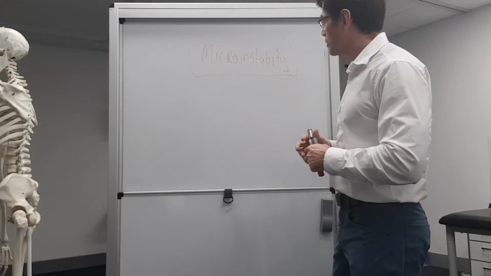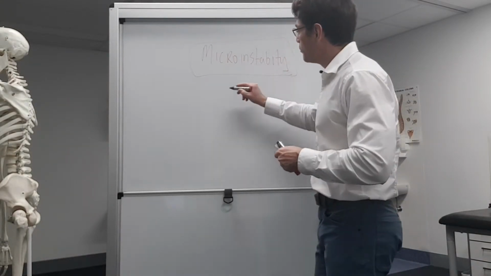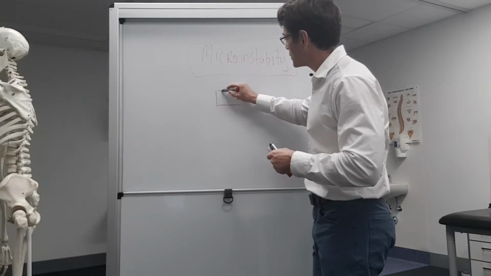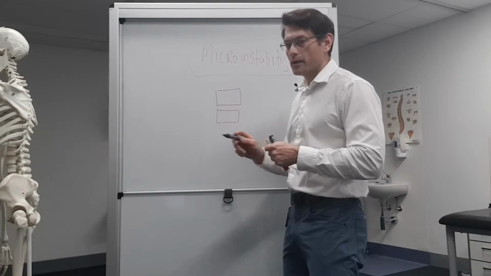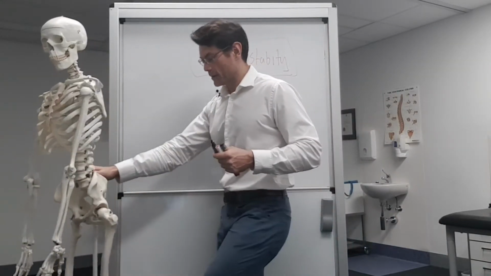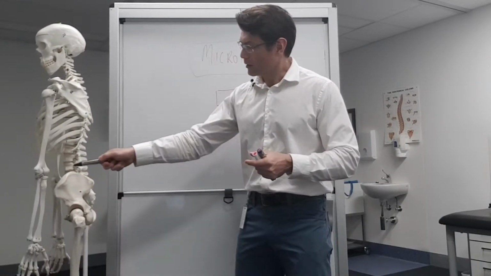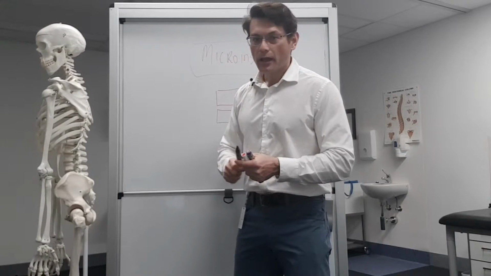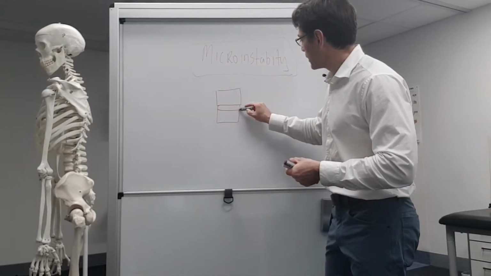So when I'm talking about micro-instability, we are talking about movement of the spinal motion segments. Okay, so if we think about Bones here, who has vertebrae, and you can see them lined up on top of each other there, and each vertebra is separated by a disc.